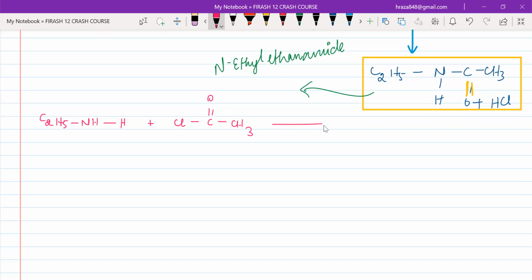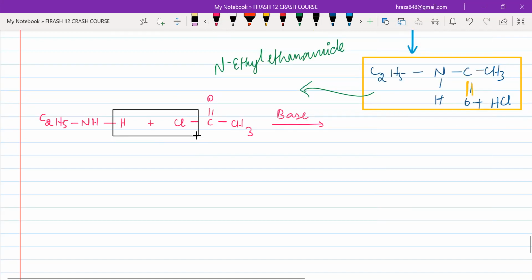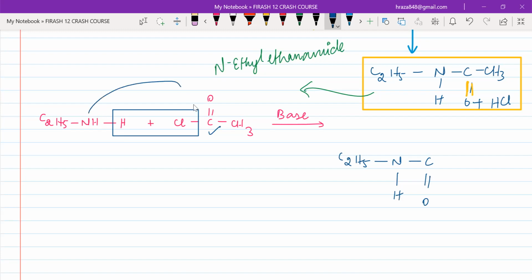And if you are going to react this with base, so what will happen? It's very easy. This HCl, you are going to remove, and this is what you will get. So C2H5NH, that means you can write it like this, right? And C double bond O, that will be directly bonded between nitrogen and this carbon. So this is what you have got.